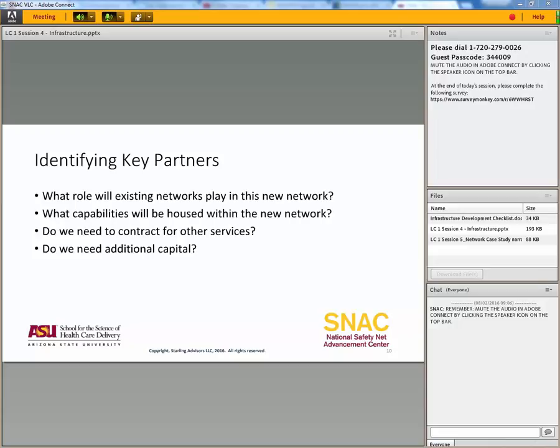But beyond those, there are important external partners that may need to be involved. For example, are there existing networks already operating in the state that need to be engaged in order to do this work effectively, but also to get to the point where we're delivering services efficiently?